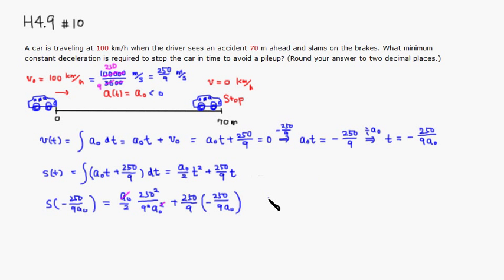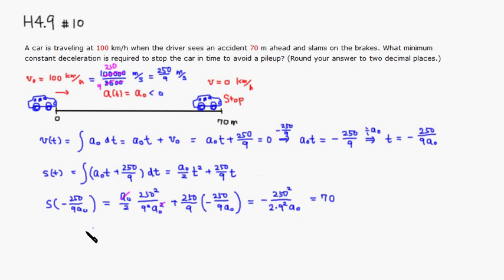So this is going to be simply negative 250 squared over 2 times 9 squared a0. We want this expression to be 70, so we can solve for this.